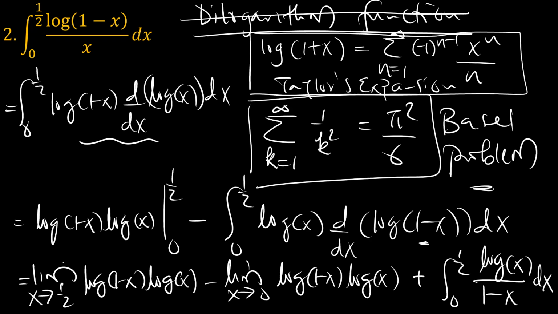Okay, I will leave it as an exercise to derive the limit as x tends to 0 of the product of the natural logarithm of 1 minus x and log of x.